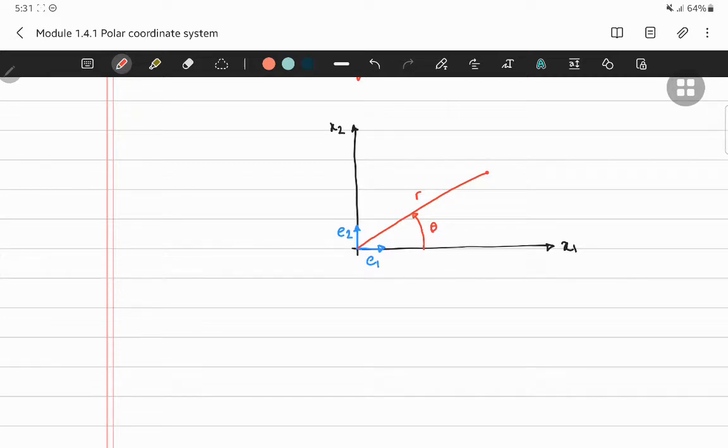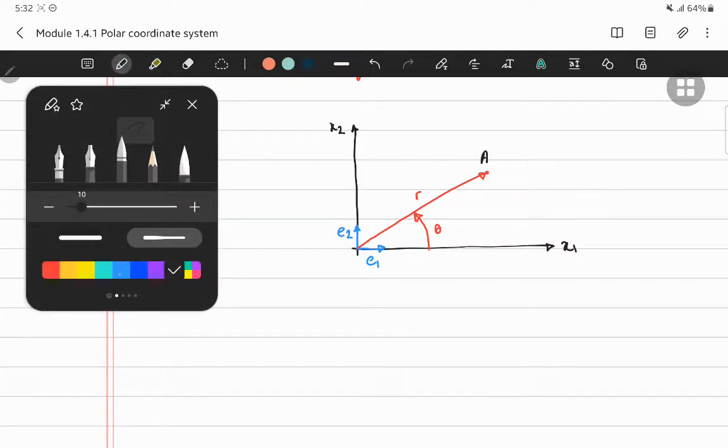I assume that theta is increasing in this direction, and r is also increasing in this direction. It is quite important how you assume r and theta are increasing. So we have this r and theta increasing in this direction, and a point, for example, A, here.